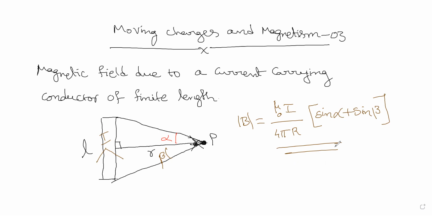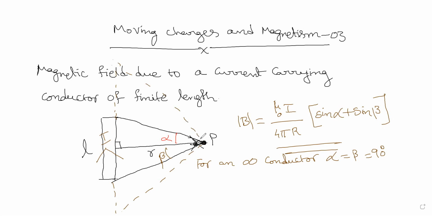Now, for an infinite conductor, alpha and beta go to 90 degrees. Why is it so? Imagine the ends of the conductor extending.